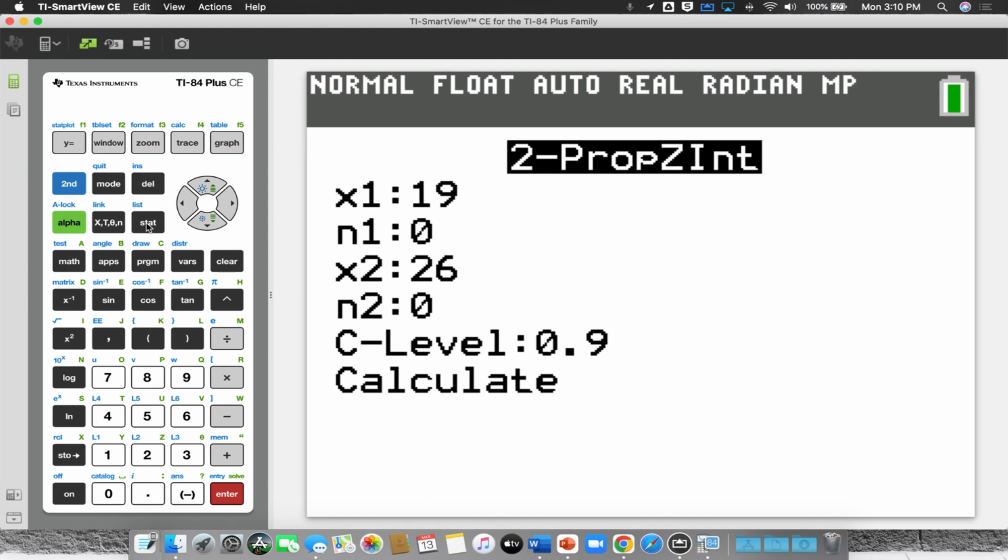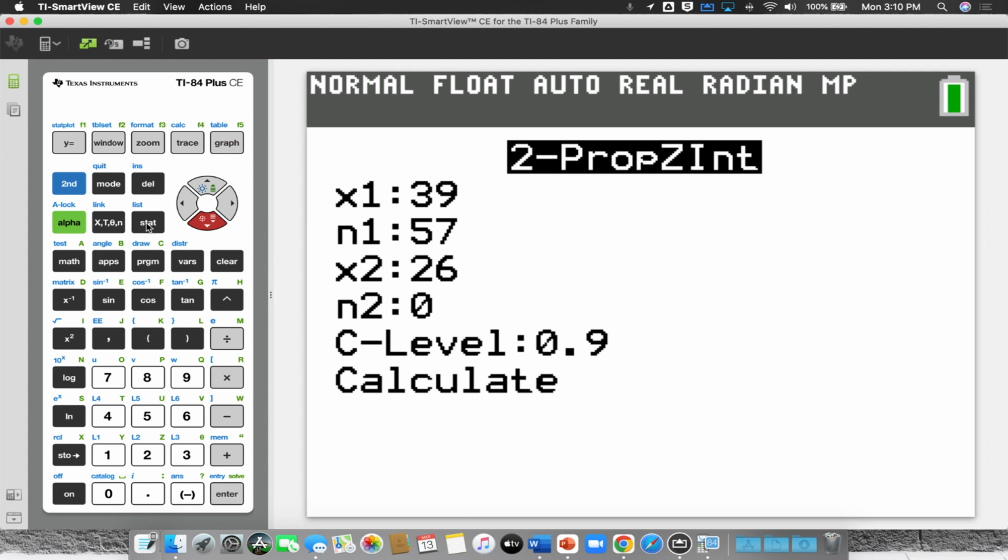X1 and N1 are the fraction for the first sample. So the first sample, P hat 1, was 39 over 57. 39 is the successes, 57 is the total in the sample.